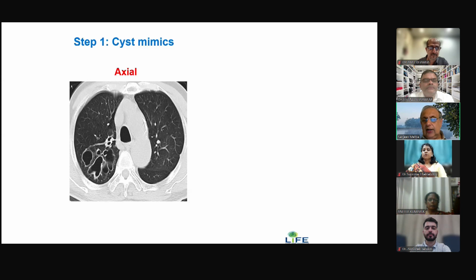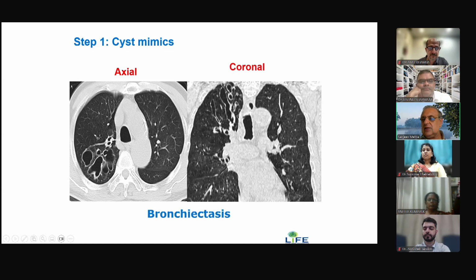I know that Dr. Khushbu alluded to this. If this is a cyst which is looking a little disformed, then you must look at various reconstructions, and you will see, as she rightly said, it connects to one another. So this is not a true cyst, this is bronchiectasis.